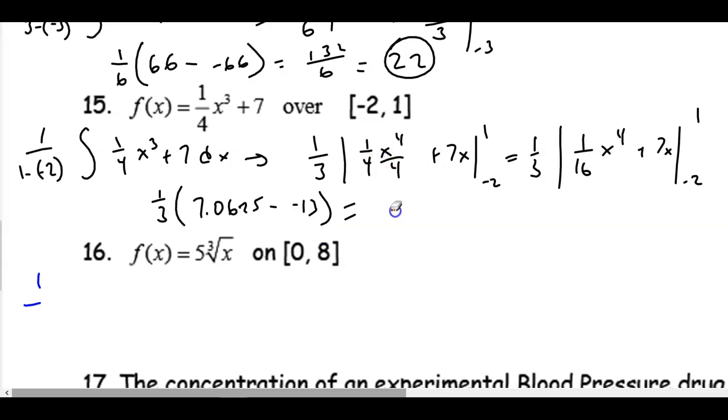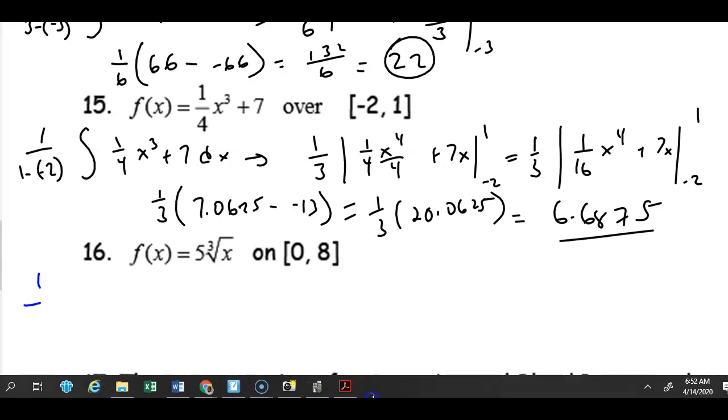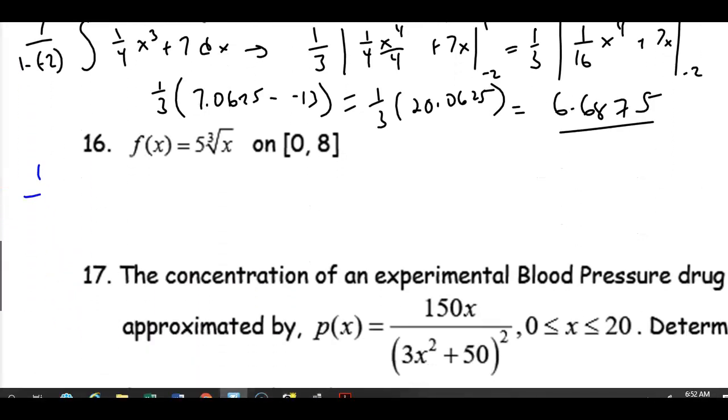That's 20.0625. So 1/3 times 20.0625. And that's going to give me 6.6875 right there. Let's keep going.